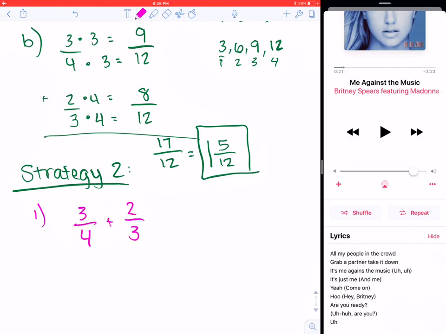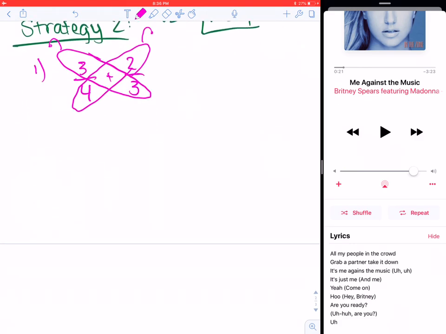Now with the butterfly strategy, I need to make my butterfly. So I'm going to start by drawing the wings. And of course we need the antennas. Oh my gosh, look at our beautiful butterfly. Just like comparing fractions where we cross multiplied, in this case with the butterfly strategy, we can also cross multiply.